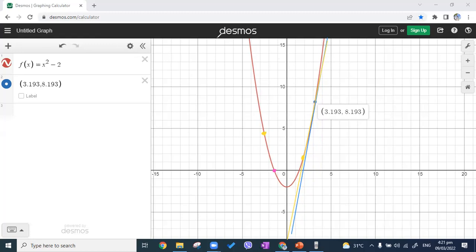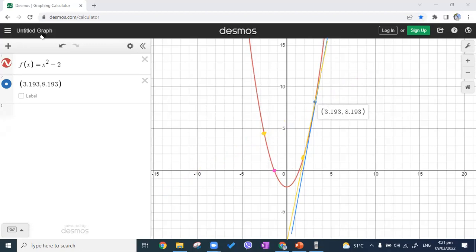And then our line pass the given point and another point on the parabola. Okay? Inilapit ko yung point on the parabola dun sa given point. Okay? So kung napansin natin, unti-unting nagiging tangent line to the parabola yung ating secant line.